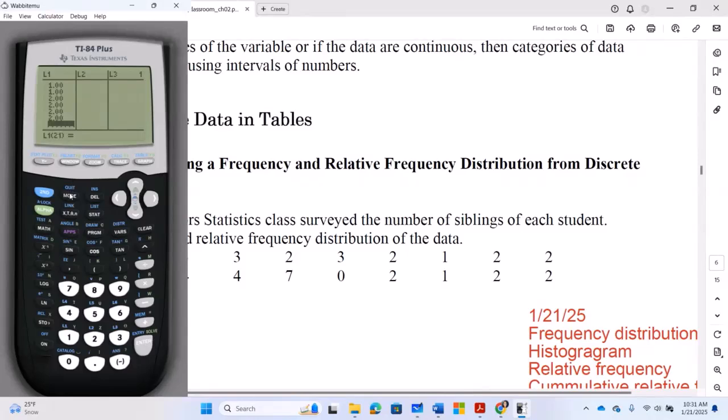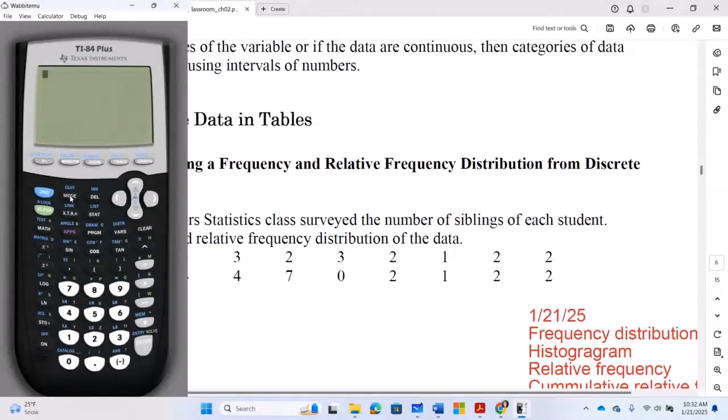Also, I want to go to the mode and make sure that it's set to float, and that it is real, so I'm not calculating complex numbers. Okay, so now I will second quit.